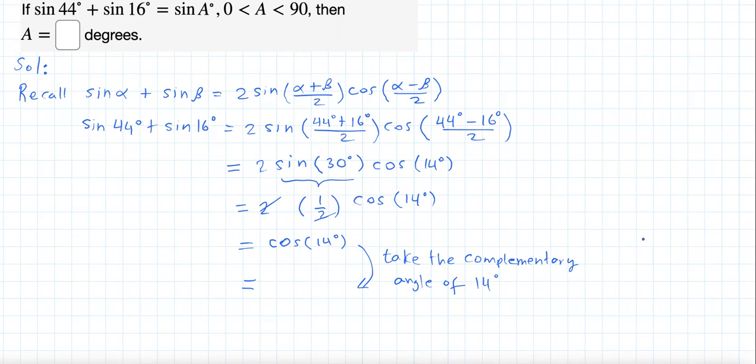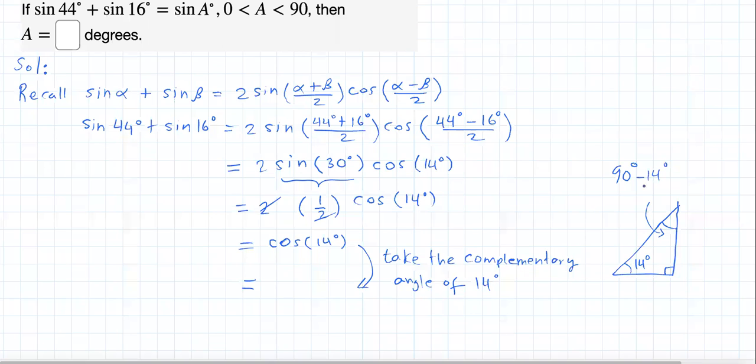Turns out if you take the complementary angle of 14 degrees, notice the 14 degrees acute angle is here. Its complementary angle should be here. And what is this complementary angle? Well, it's just 90 degrees minus 14 degrees, which is 76 degrees.